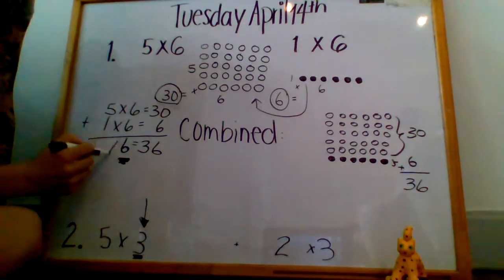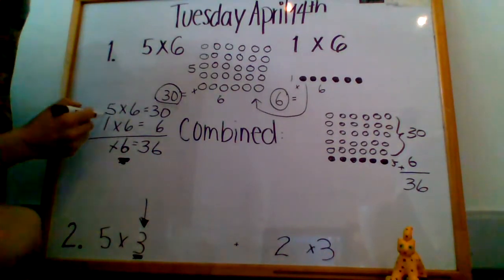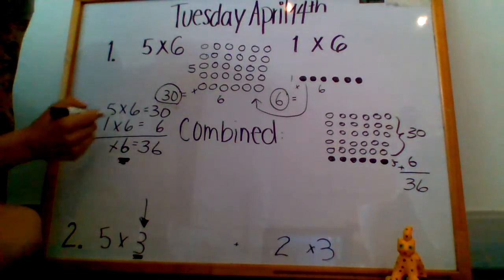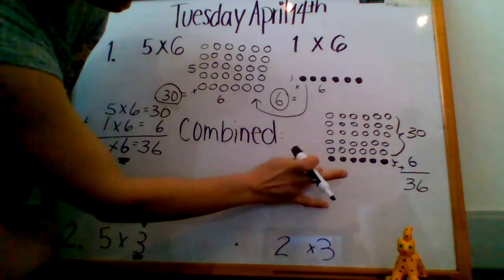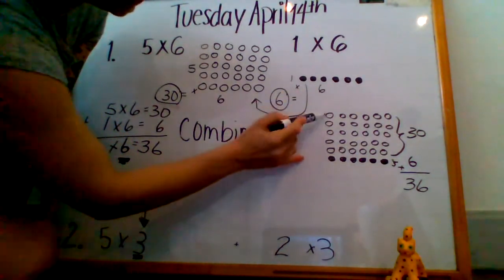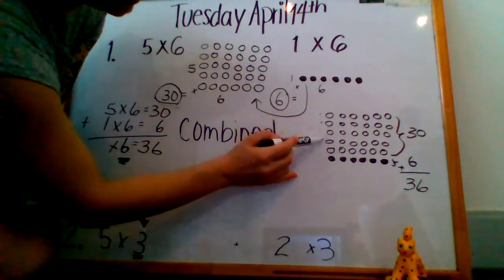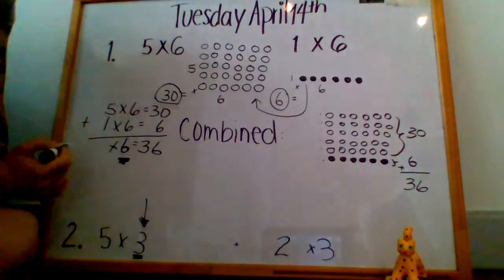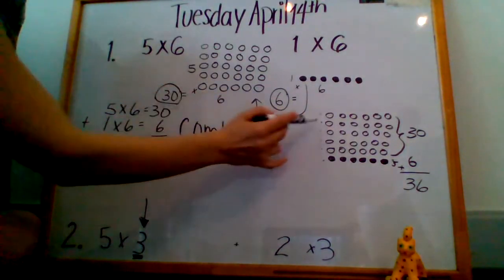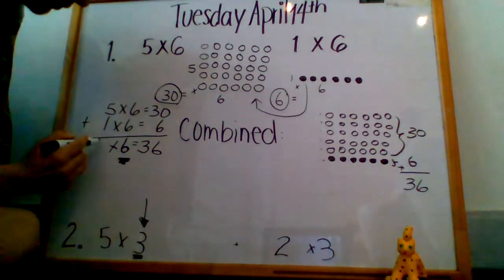All right, now I'm going to bring down the times sign. 5 and 1. Let's look at the amount of rows. Did the amount of rows change? 1, 2, 3, 4, 5, 6. How many rows do we have now? 5 plus 1 is 6, and we got 6 rows.